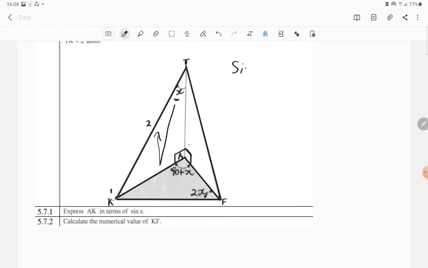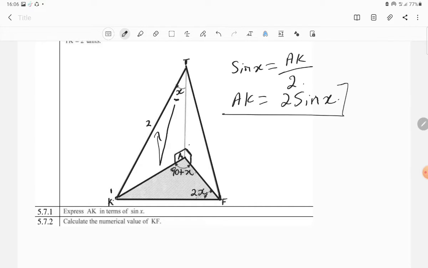So sine x is equal to opposite, KA, which is what we are looking for, or AK, divided by the hypotenuse, which is just 2. So AK is just going to be 2 sine x. So AK can be represented in terms of sine x that way.